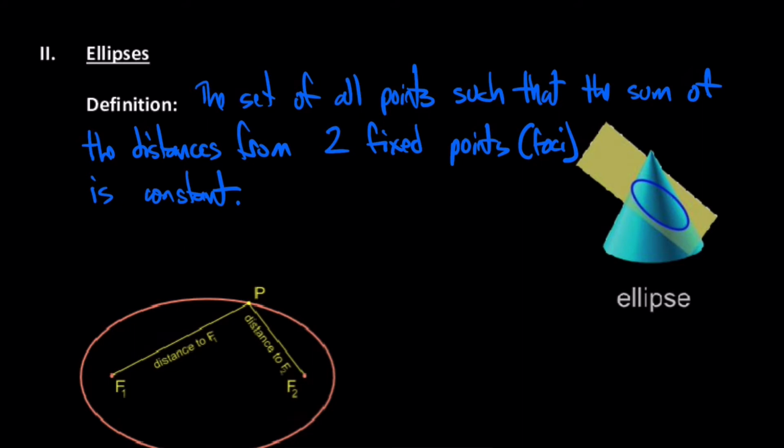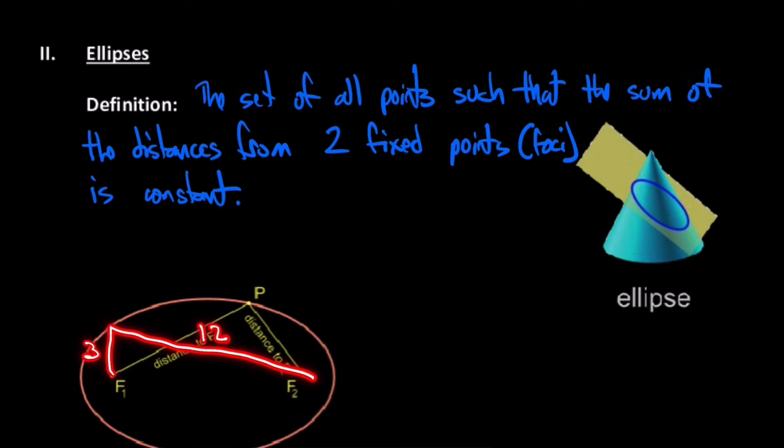So in our diagram here, that's saying this distance plus this distance equals some constant number. So if I make this a 10 and I make that a 5, that distance is 15. Well, I could do this, and maybe that's 7 and that's 8. Oh, that still adds to 15. Maybe I could do this, that's 3 and that's 12.